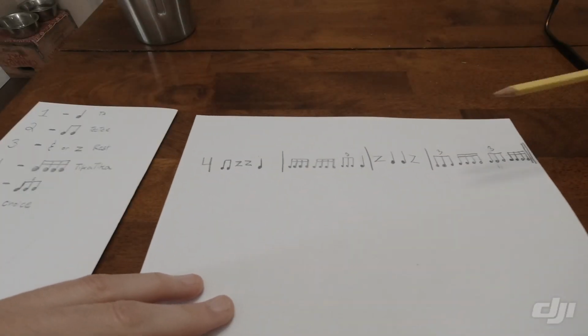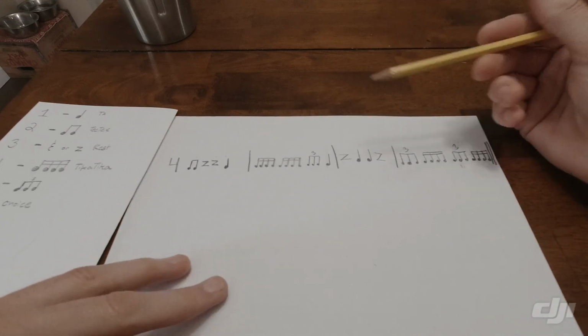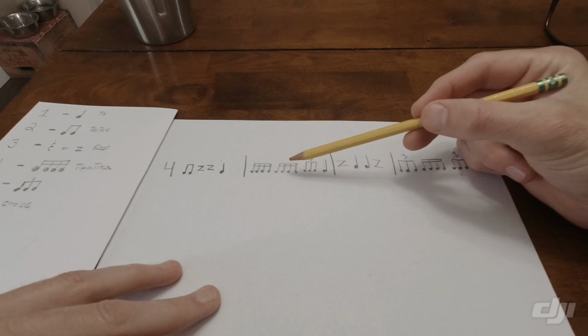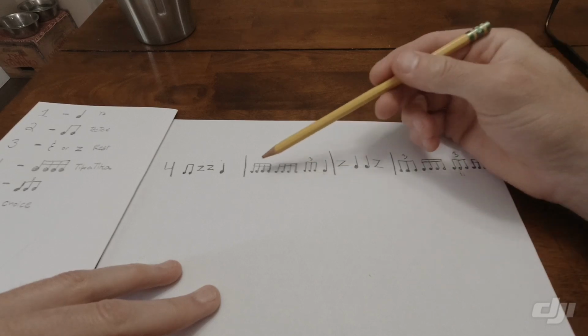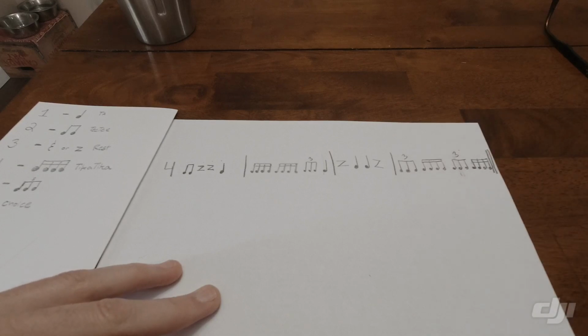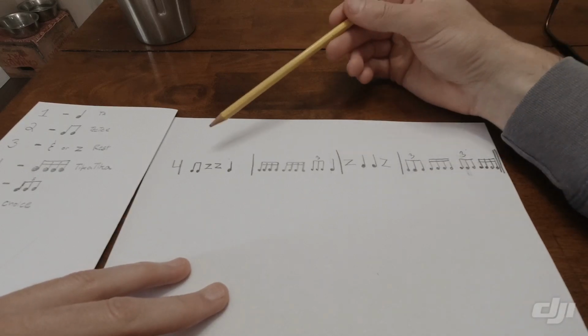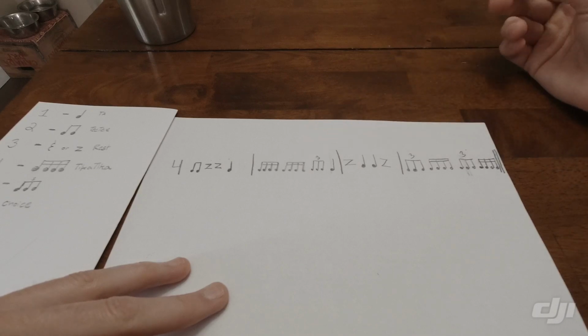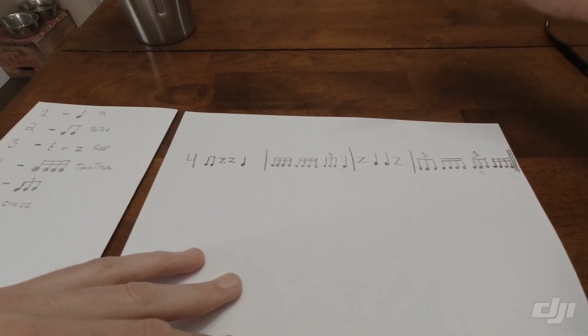So I have finished my 4 measures, and you'll see I had to adjust because I was having to put a lot of notes in here. This is still just 4 beats, but I had to add a lot of notes. So what I'm going to do is slowly say each note in each measure. Let's think about this for a second.